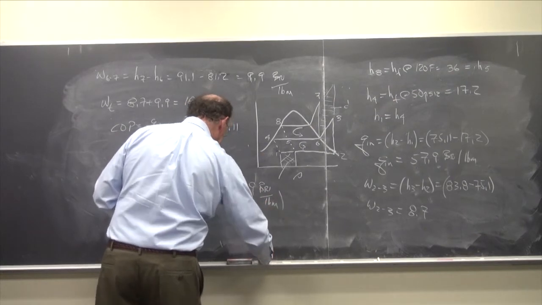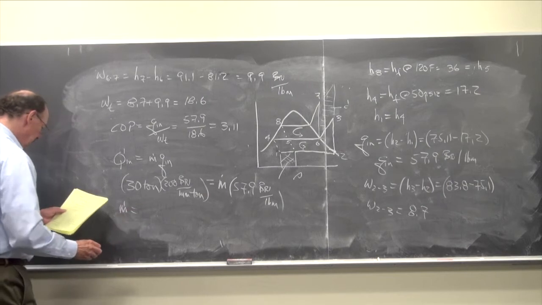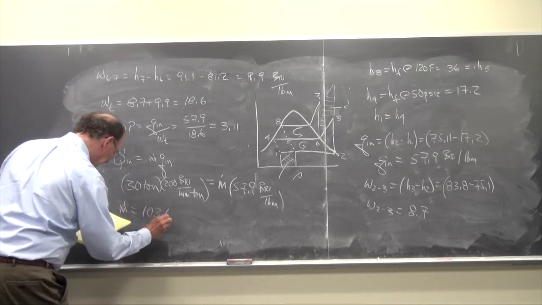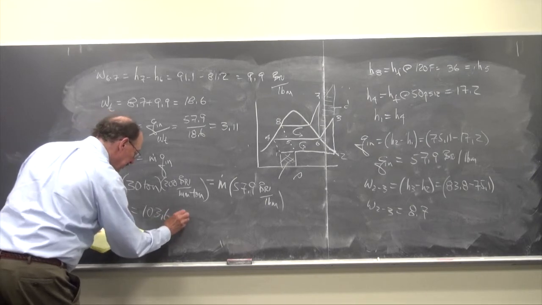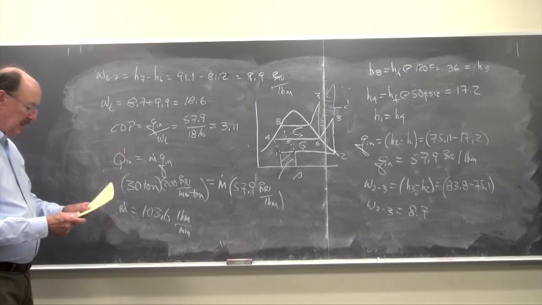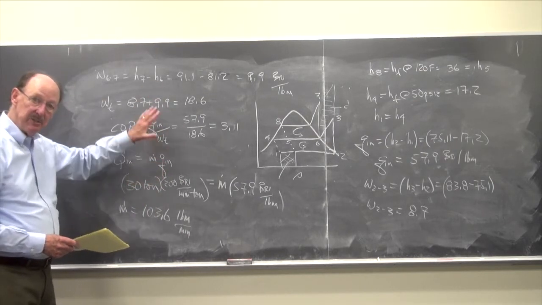So we find out that the mass flow rate is 103.6 pounds mass per minute. So this gives me the mass flow rate in the lower unit, because that's where the heat in occurs.